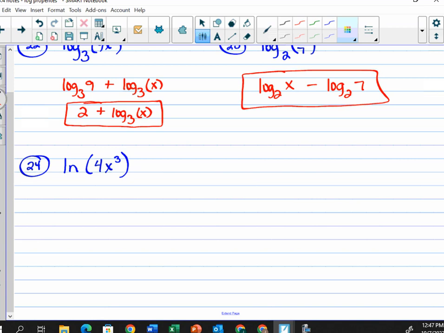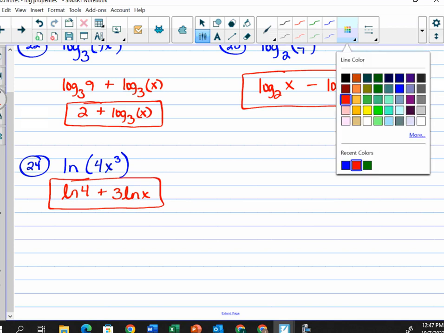Okay, guys. Another second here. Check in with each other. Do you agree? All right, so I'm going to have natural log of 4 plus 3 natural log of x. How'd we do? Got it?